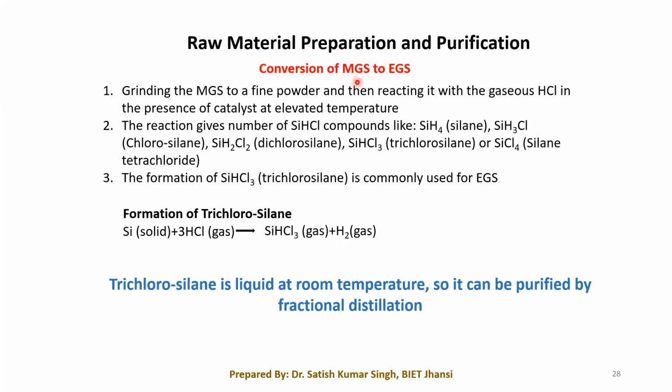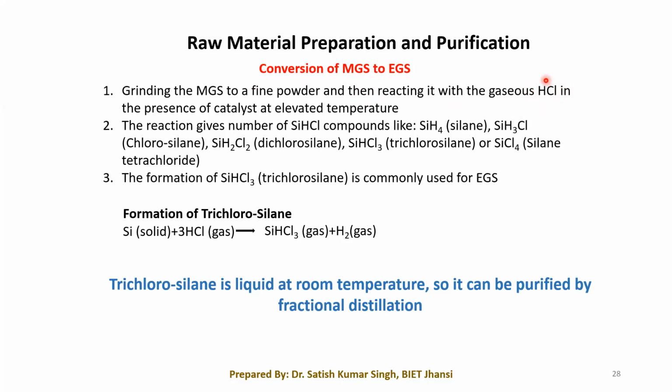So how will it be done? We have to convert this MGS, which is in the solid form. We have to do the grinding, and after grinding it will be converted into a fine powder, and then it will react with gaseous hydrochloric acid, HCl.